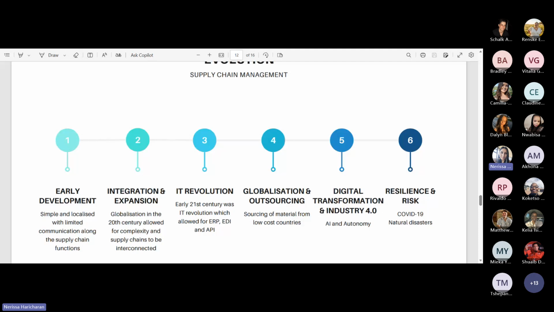So, with a lot of recent disruptions, whether it is Mother Nature taking its course, natural disasters, geopolitical tensions, Russia and Ukraine for instance, or the COVID-19 pandemic, all of this brought into play how resilient a supply chain actually needs to be, and how much risk management follows suit in supply chain operations.